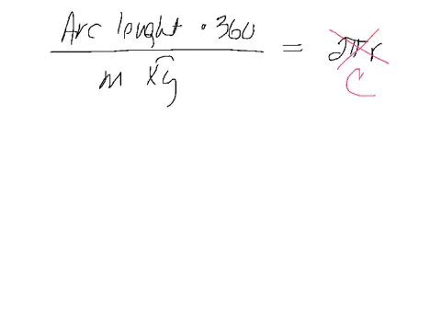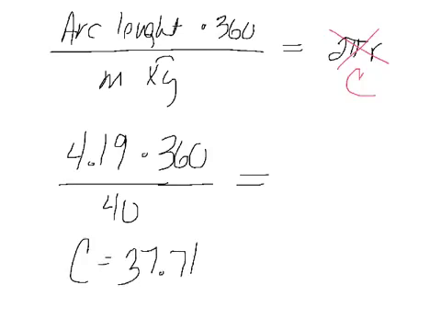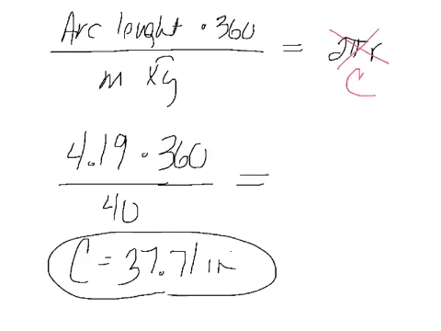Let's plug in what we know. The arc length of XY is 4.19 times 360, and the central angle is 40, so the degrees in the arc is also 40. 4.19 times 360 divided by 40 means our circumference is 37.71 inches.